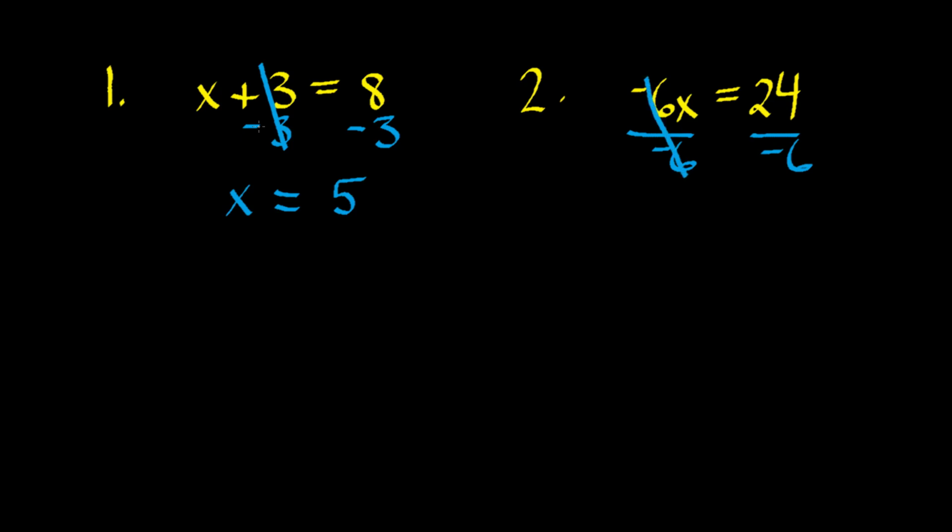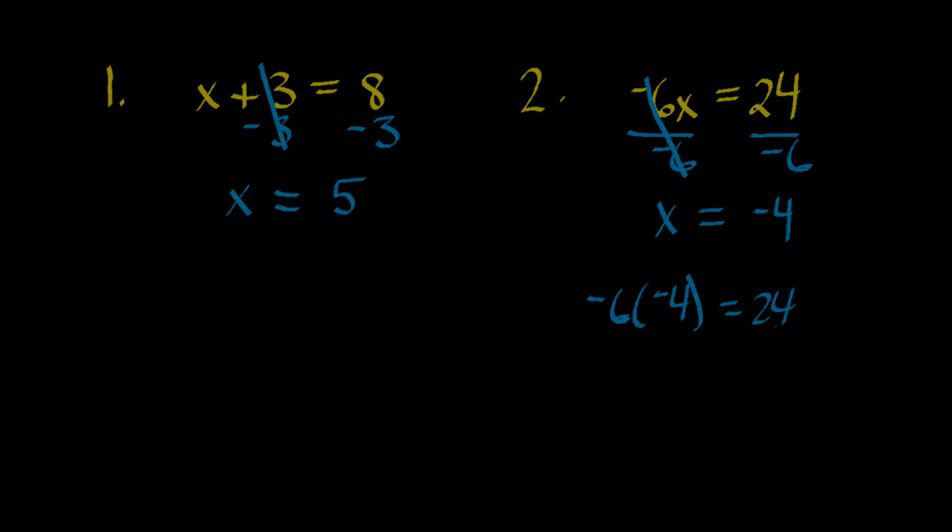And negative 6 divided by negative 6 is 1, and 1 times x is x. So our answer becomes 24 divided by negative 6, which is negative 4. Again, we could check this answer by taking the original negative 6, multiplying by negative 4 the answer, and making sure that it equals 24.